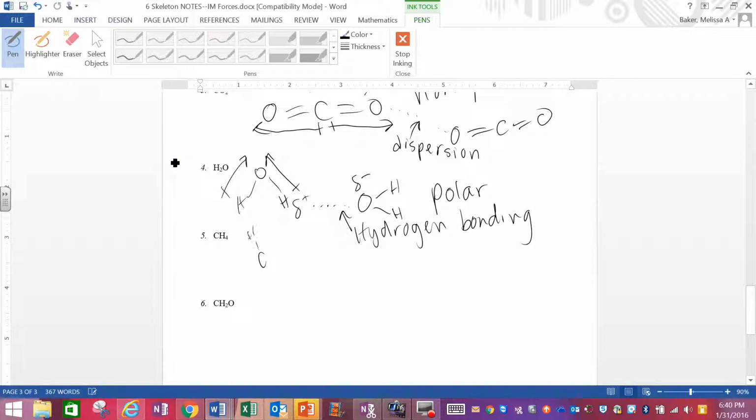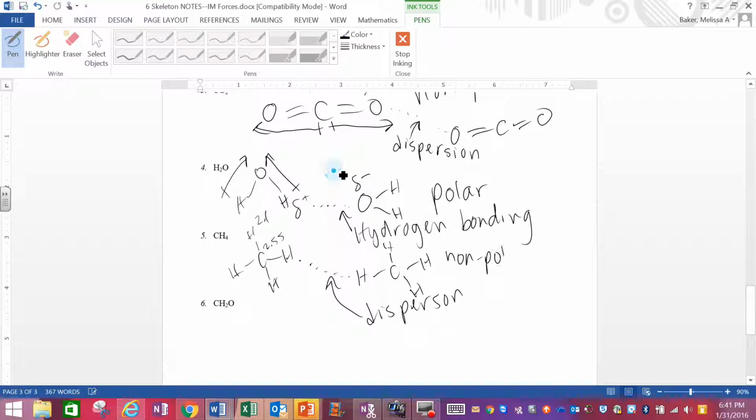How about CH4? Nothing's winning here. Carbon's 2.55, hydrogen's 2.1. So that means this is non-polar. So if there's another CH4 hanging around nearby, those two are not very attracted to each other. So this would be dispersion forces between those two non-polar molecules.